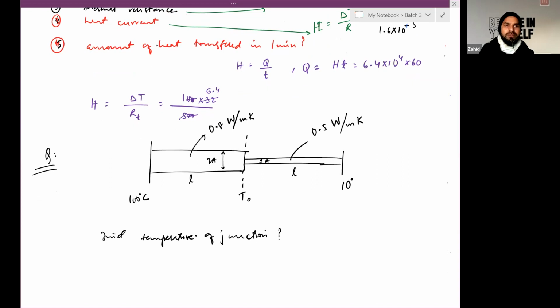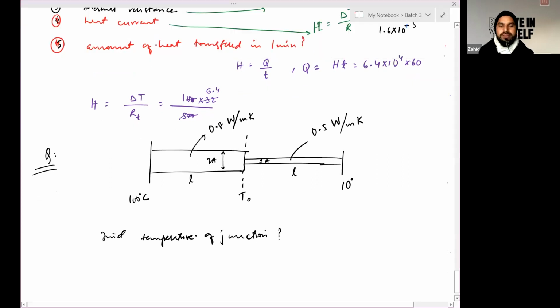So let me explain how to approach this part. First, you will say, since we have 100 degrees Celsius at this left end and T0 at this middle part, there will be a heat current flowing from this 100 degrees Celsius to this T0. Let's say this heat current is H1. Similarly, there will be another heat current in the second wire from this point to this point, let's say H2.